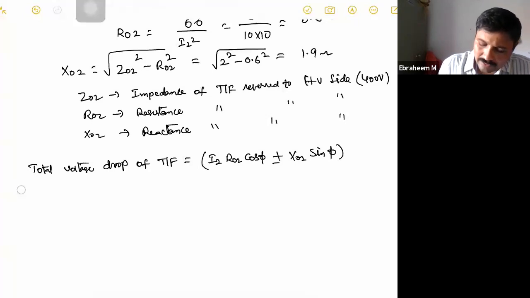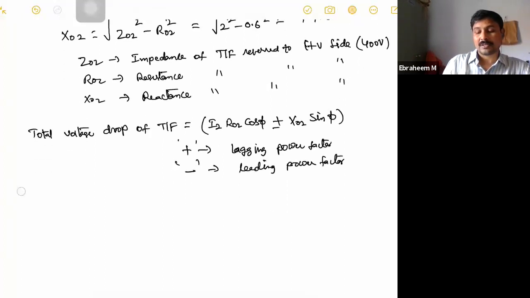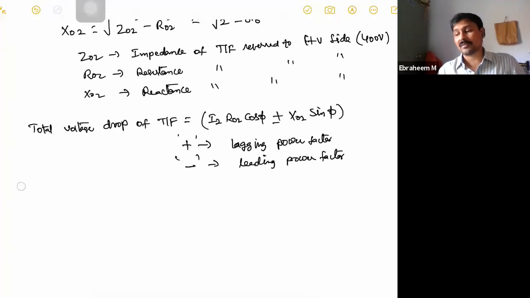The plus is for lagging power factor, and minus is for leading power factor. You will have a lagging power factor when the load is inductive, and a leading power factor when the load applied on the transformer is capacitive.